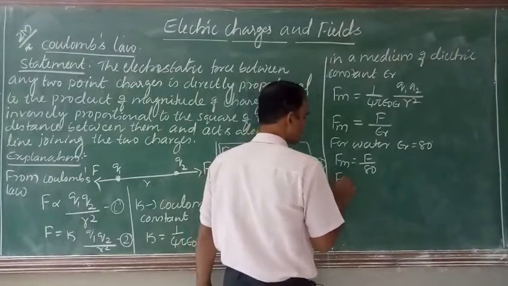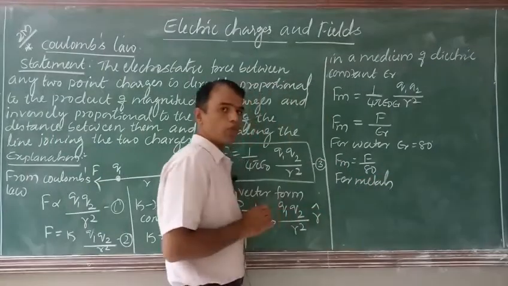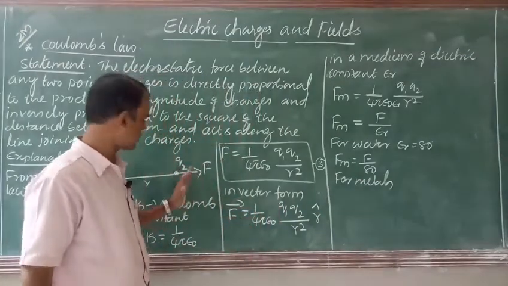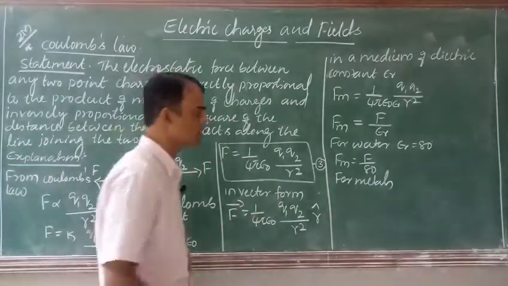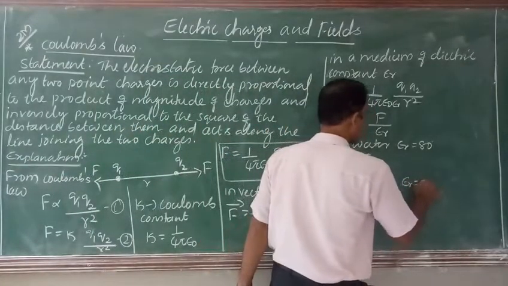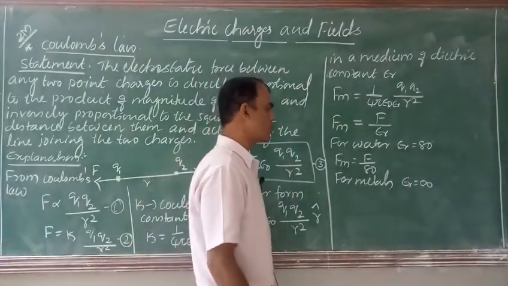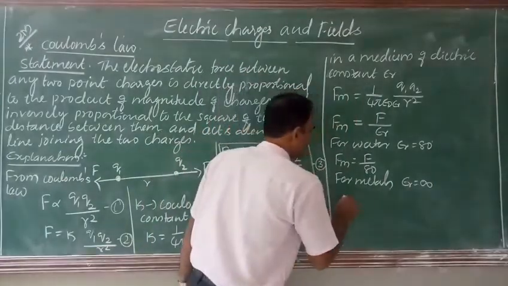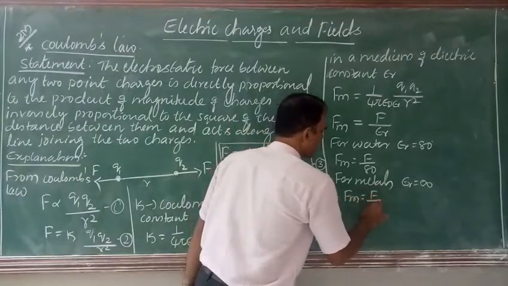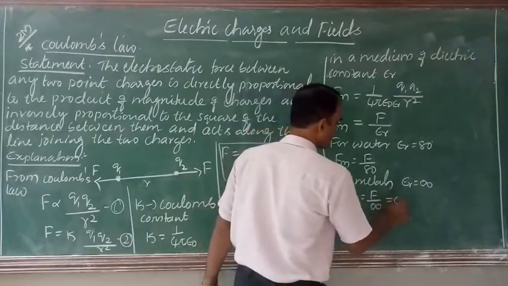Again, for metals, instead of water, if we introduce a metallic medium or metallic conductor completely between the two charges, for metals, dielectric constant epsilon r is infinite. So in that case, force between two charges is F divided by infinity, which is equal to 0.